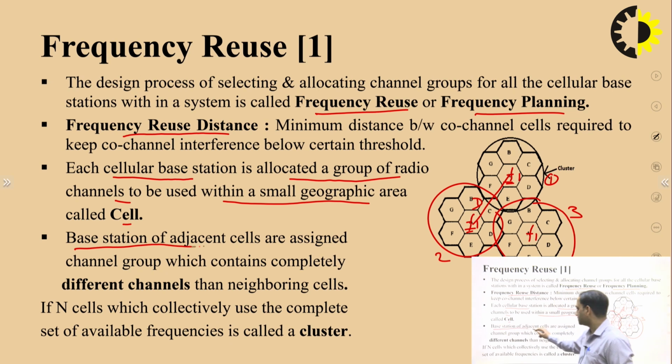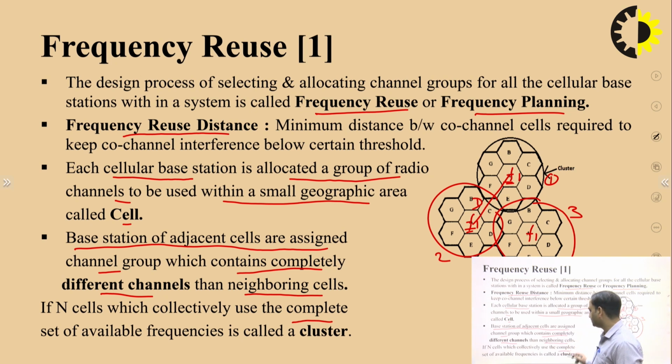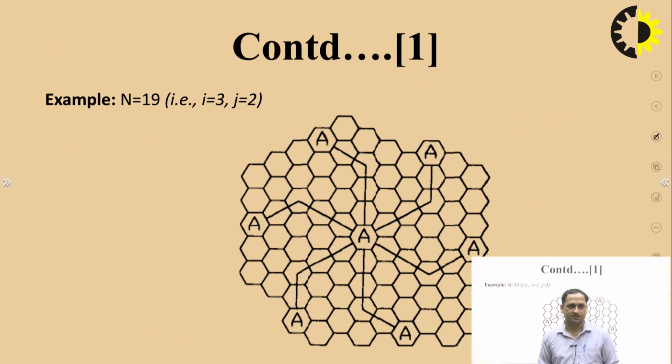The base stations of adjacent cells are assigned channel groups which contain completely different channels from the neighboring cells. If N cells which collectively use the complete set of available frequencies are called a cluster, right? As we said in the definition of the cluster.